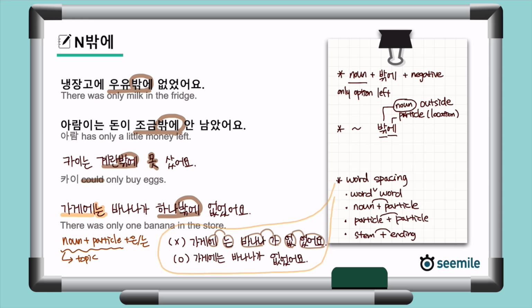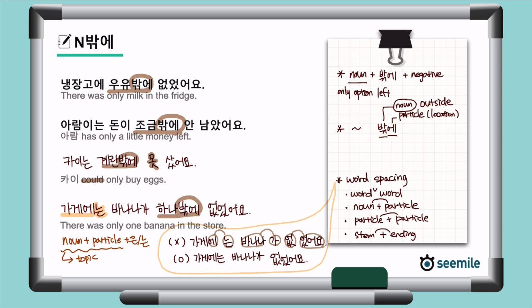Now, can you guess how to distinguish which 밖에 is being used in a sentence? Yes. If there's no space between the preceding noun and 밖에, then that 밖에 is the particle, meaning other than something. On the other hand, if there's space between them, then the 밖에 is simply the combination of the noun and the particle, meaning outside.